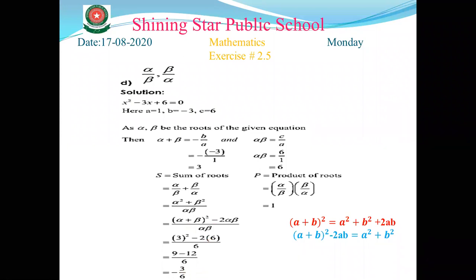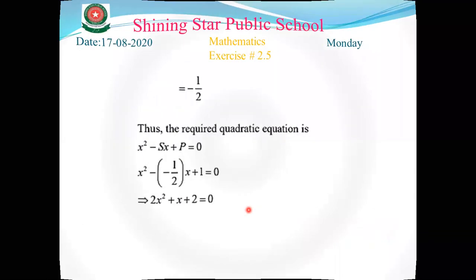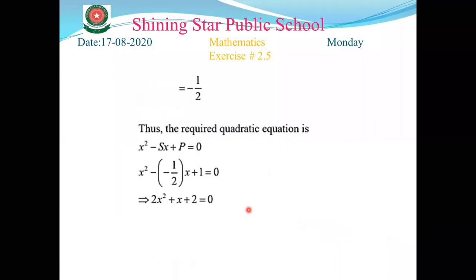Now cancel with the table of 3, 3 1s are 3, 3 2s are 6. So minus 1 over 2. Okay. Thus the required equation is x square minus S x, put the value of S. S is minus 1 over 2, minus minus plus. Now multiply 2, so 2x square plus x plus 2, because 2 is the LCM.